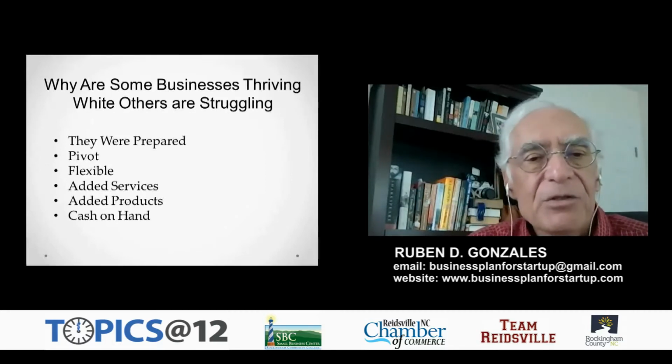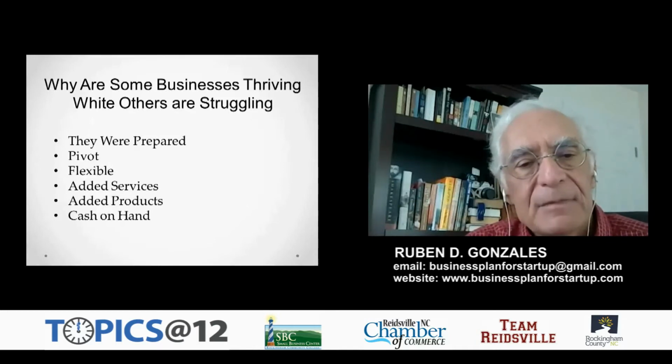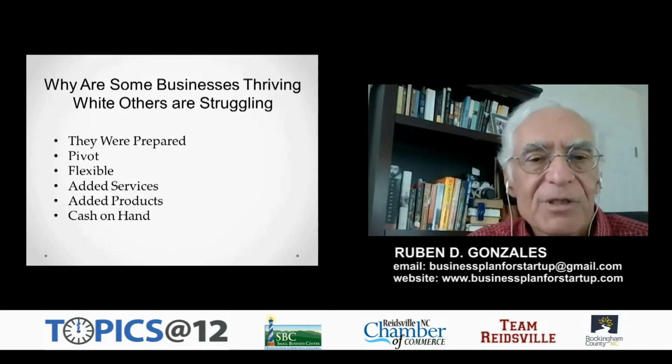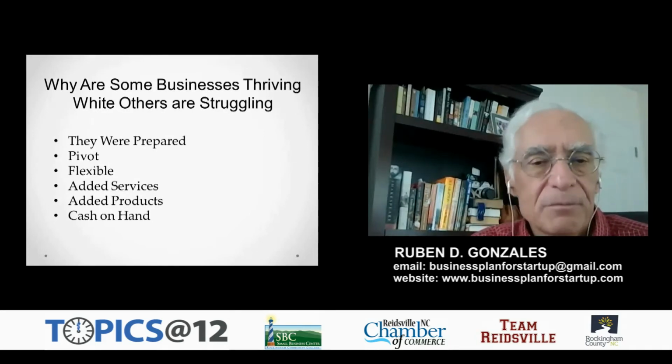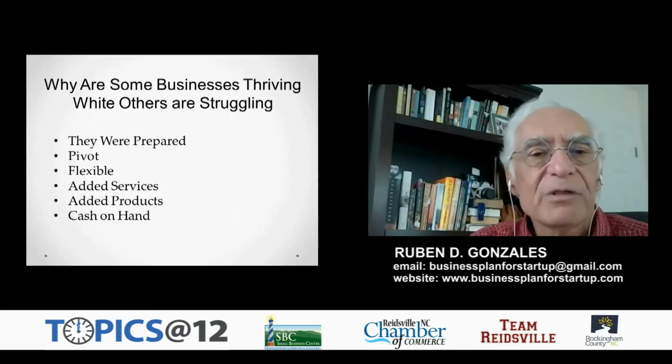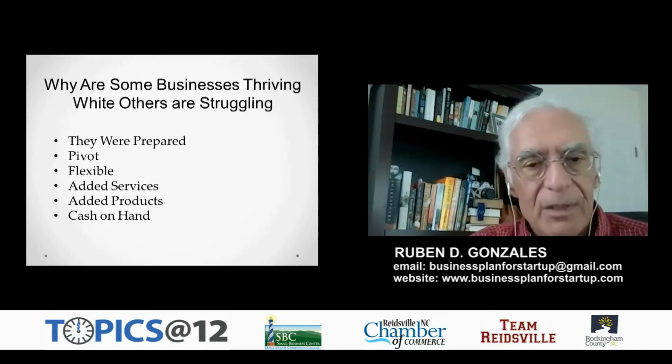So the more prepared you are, the more you'll be able to pivot to meet that demand. Just as an example, if the demand was for delivery and you're prepared, you'd be able to pivot to offer delivery, whether that's hiring more staff, buying a delivery vehicle, updating your website, or whatever.